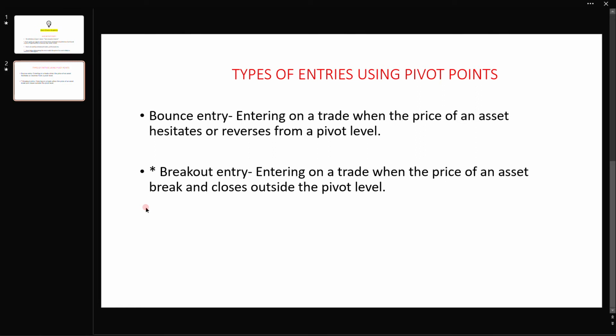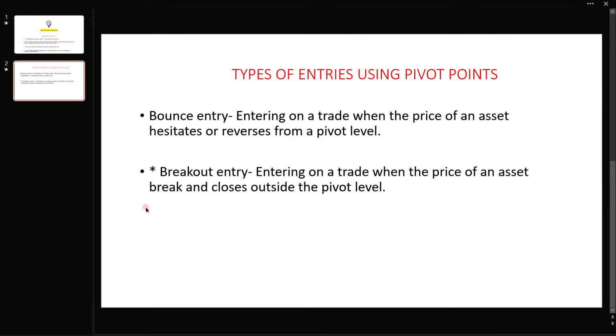That may be your thought, but when the candle closes above the resistance pivot point, then it is more likely that the trend has not changed and the bullish trend is about to continue. Now this is the breakout entry. For a breakout entry, you need to wait until the candle closes completely above or below the pivot level.